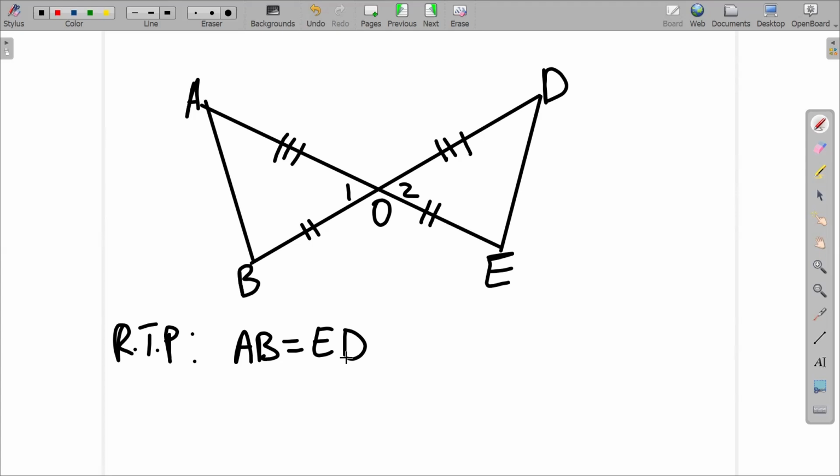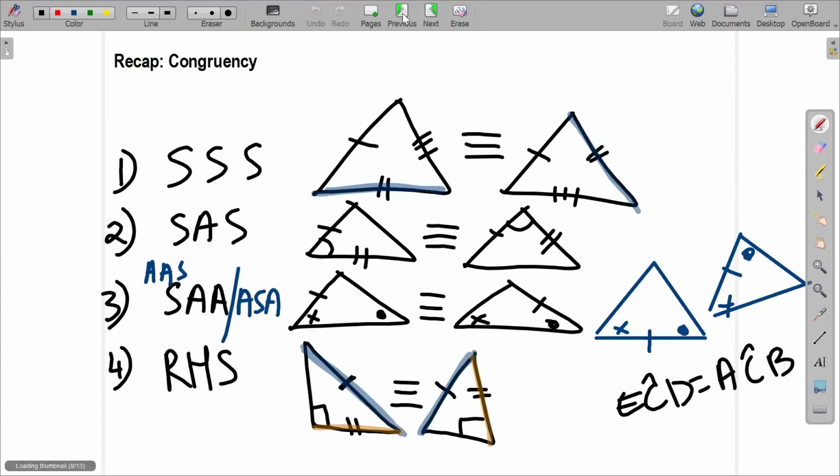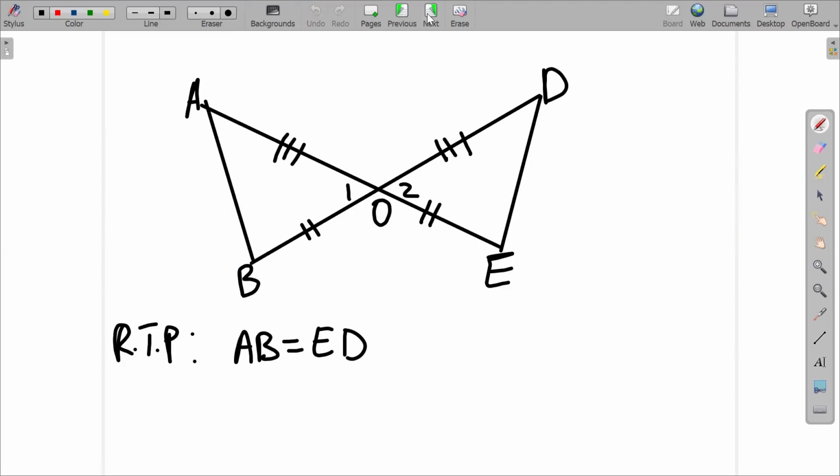Now, three things. Remember, all those three conditions of congruency have three things in them. Either three sides, or side, angle, side, or angle, side, angle, or RHS. Okay, so in this case, I've got two obvious things here. The first obvious thing is that AO is equal to DO. That is freely given.